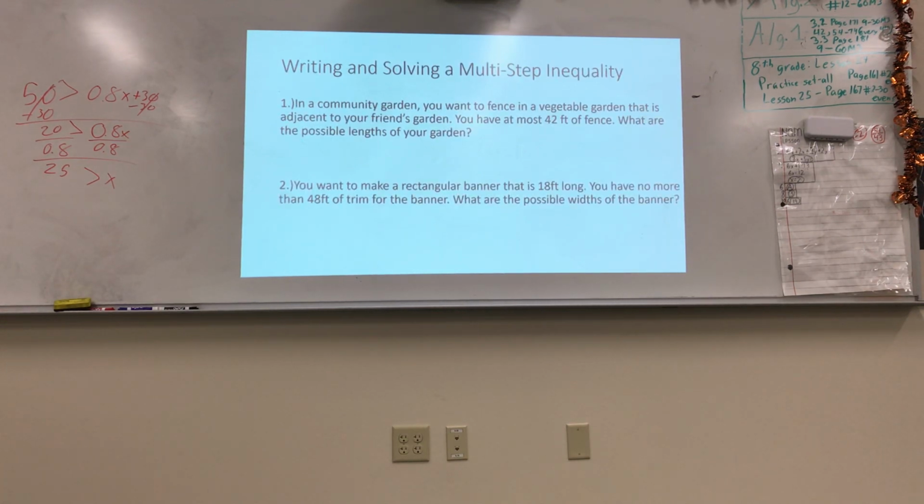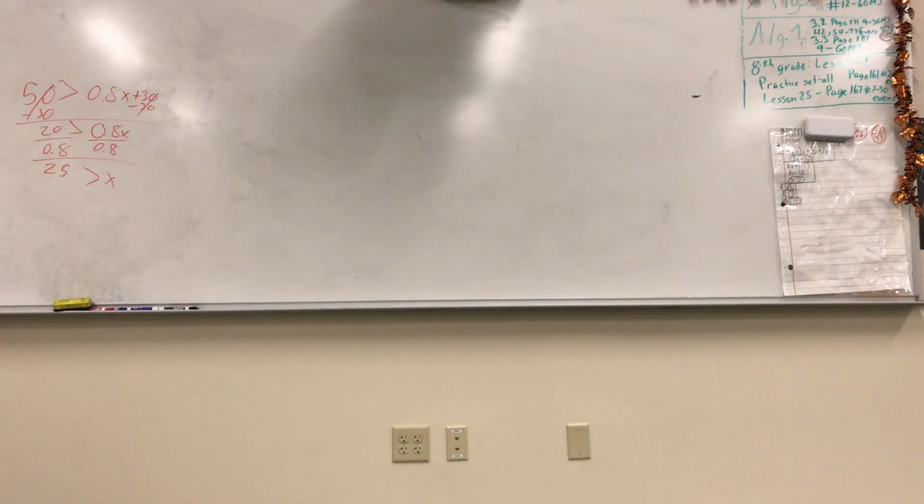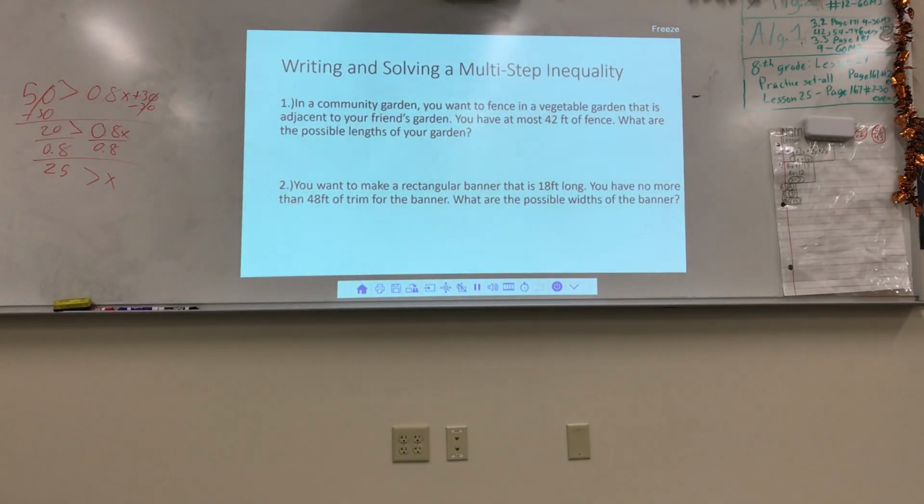Okay. Writing and solving multi-step inequalities. In a community garden, you want to fence in a vegetable garden that is adjacent to your friend's garden. You have at most 42 feet of fence. What are the possible dimensions of your garden?